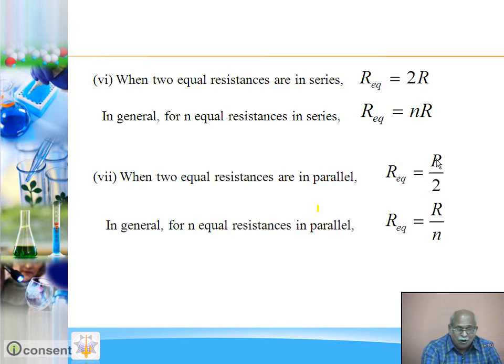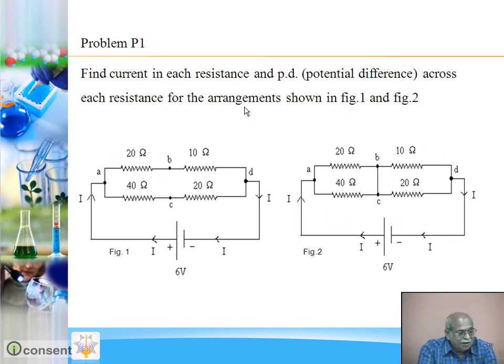Equal resistance parallel मध्ये Req equal to R upon 2. If three equal resistances are in parallel, we will get Req equal to R upon 3. In general, if we have n equal resistances in parallel, the result will be Req equal to R upon n.